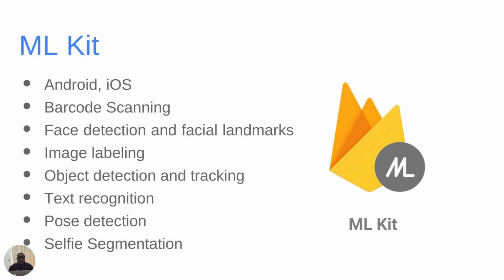So for software engineers at various levels, there are tools on the Google Cloud Platform that will let you just get your job done and not worry about the very nitty-gritty details of the machine learning. And one of those is MLKit. And MLKit is an SDK that is available for both Android and iOS.